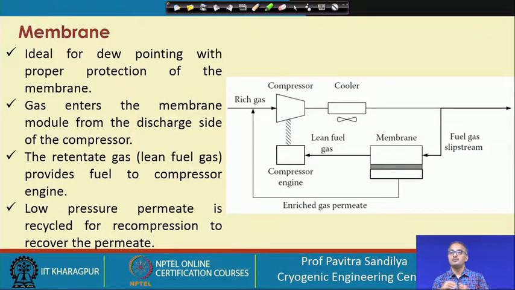If we choose the membrane material so that it has more affinity towards the heavier hydrocarbons than the lighter ones, then the lighter ones will not be able to pass through the membrane, whereas the heavier ones, because of their higher affinity, will go through. That is how the solution diffusion mechanism takes out the higher hydrocarbons through the membranes, whereas the lower hydrocarbons are retained or rejected.